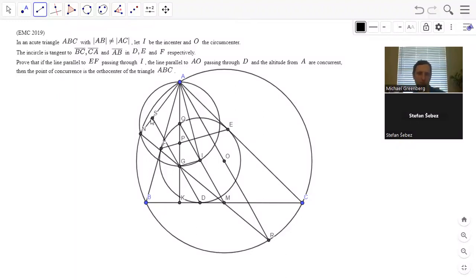Let's see. Is it obvious that GM equals MR? Well, that would mean that would be the orthocenter.